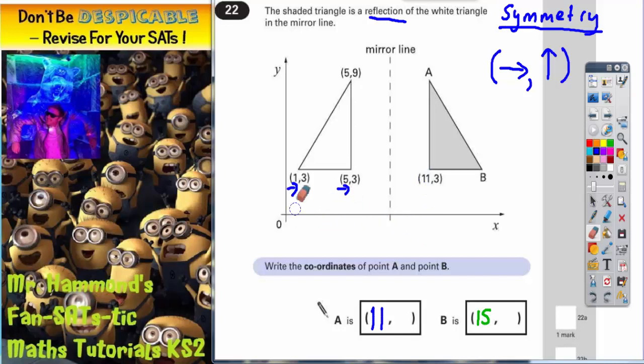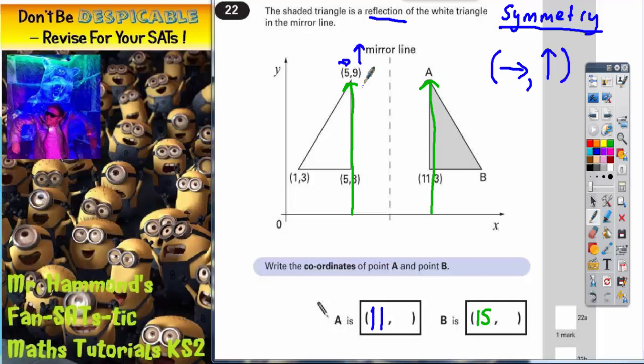And let's start thinking about how high up each coordinate is. Well, point A, if we go up to point A, it's the same distance up as in this triangle here, in the white triangle. And this coordinate up here is 5 along and 9 up.